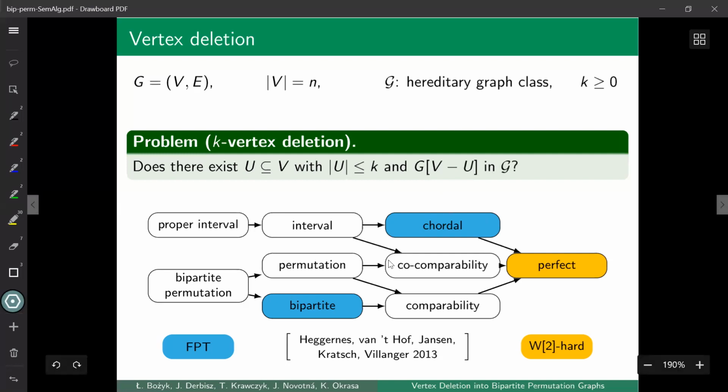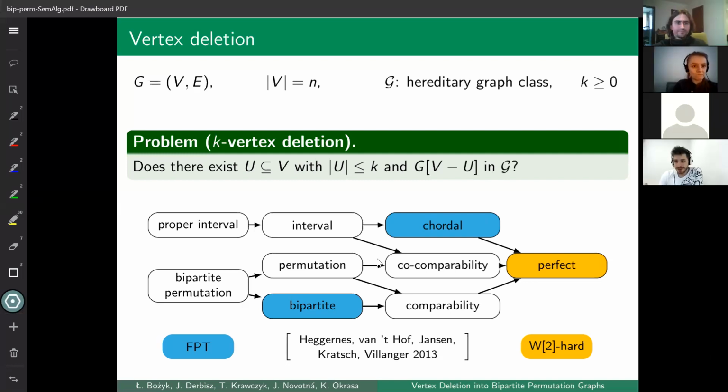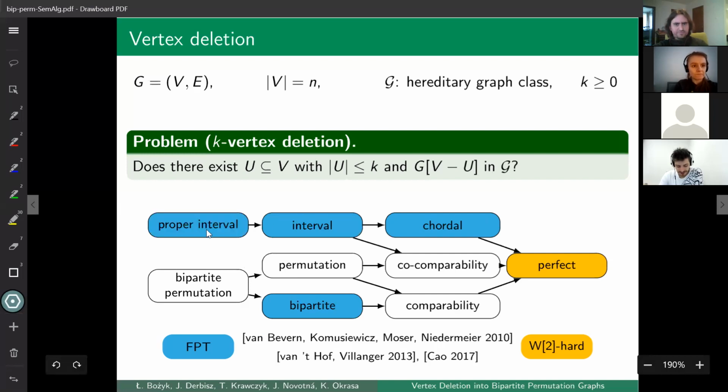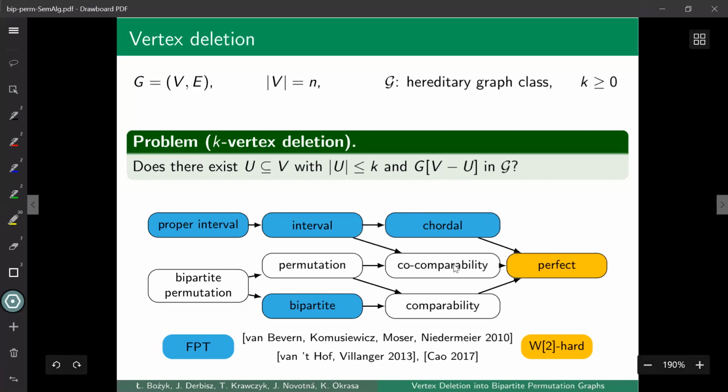But why do we want to color this picture and see which classes admit this vertex deletion problem? We can have lots of motivation, but our main motivation is that some of the classes that you can see in the picture, especially permutation, comparability, and co-comparability classes, are strictly connected to the poset world. Comparability graphs, for example, are precisely graphs of partially ordered sets.